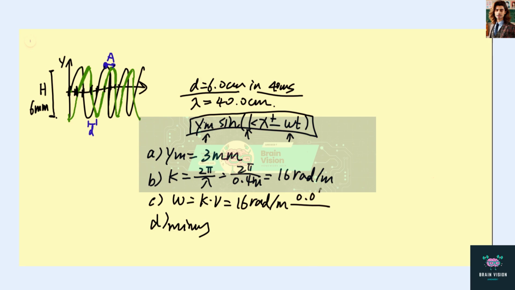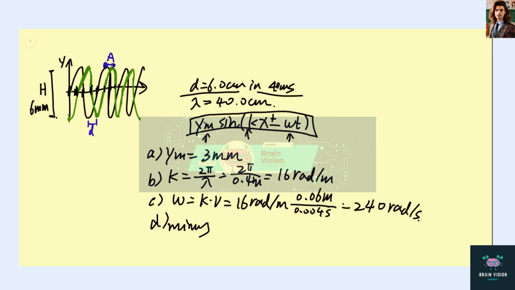We do not know the speed it travels, but we know it travels 6 centimeter in 40 milliseconds. That is a piece of information that can tell us the speed it travels, because 6 millimeter in 4 milliseconds, and together it gives me 240 radian per second.